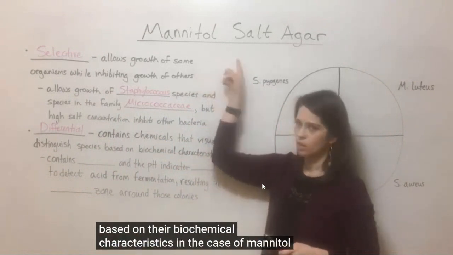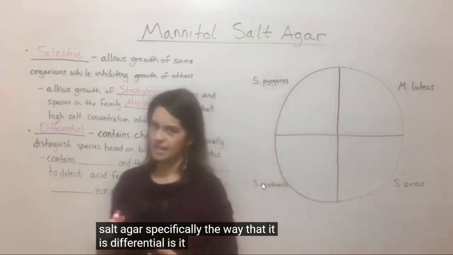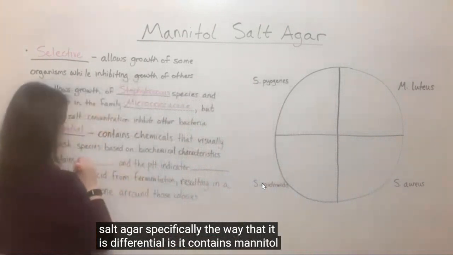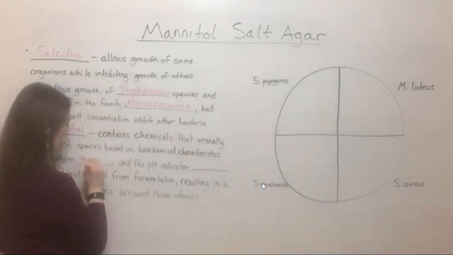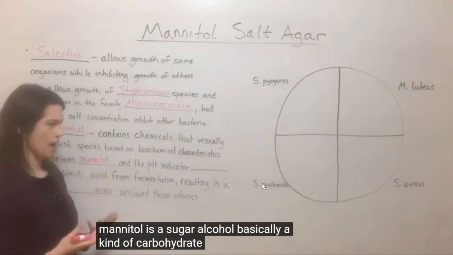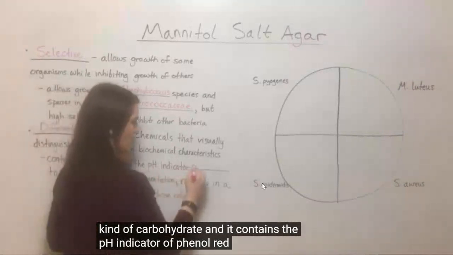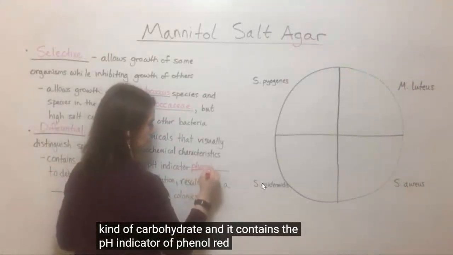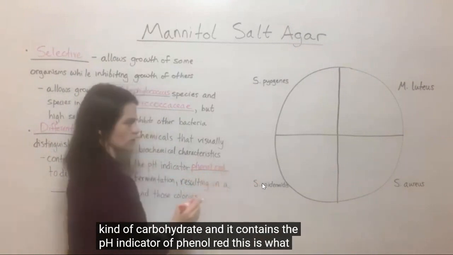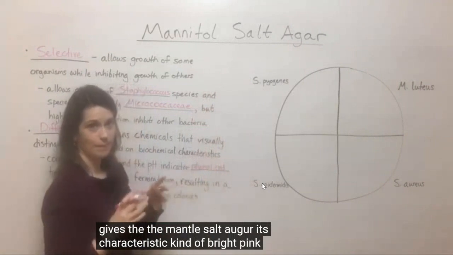In the case of mannitol salt agar specifically, the way that it is differential is it contains mannitol. Mannitol is a sugar alcohol, basically a kind of carbohydrate, and it contains the pH indicator phenol red. This is what gives the mannitol salt agar its characteristic kind of bright pink color.